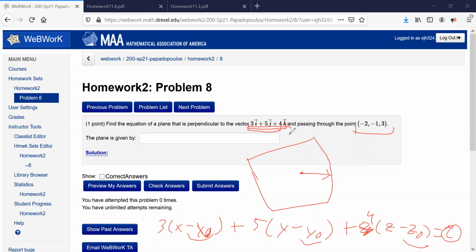So how do I make it perpendicular to the vector at this point? How do I pick a plane that is perpendicular to that vector at that point?